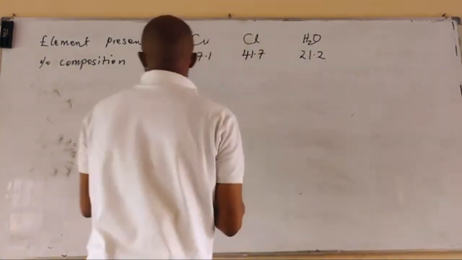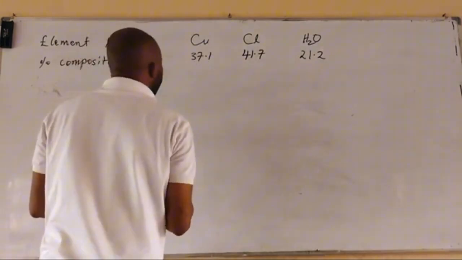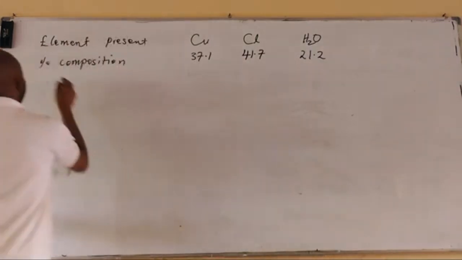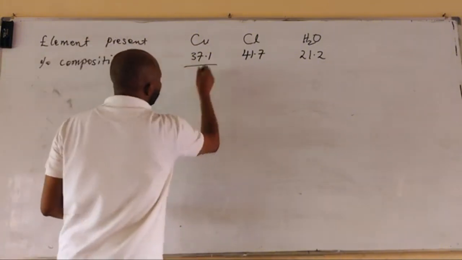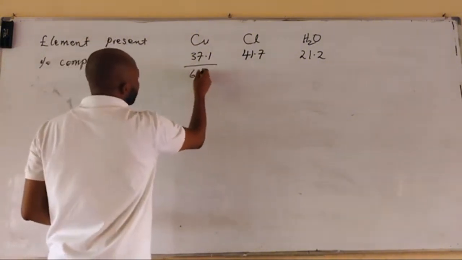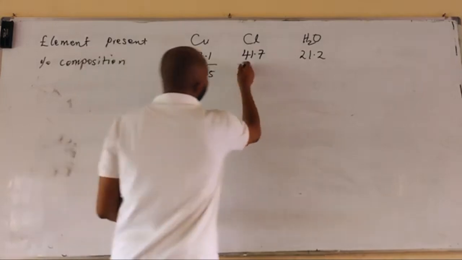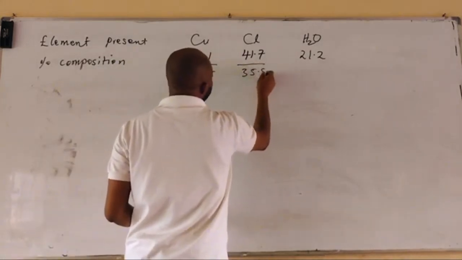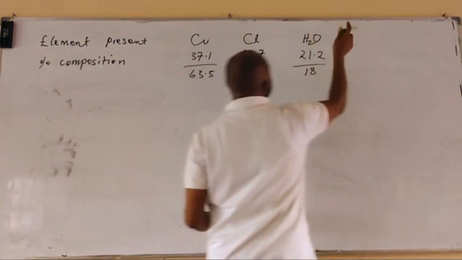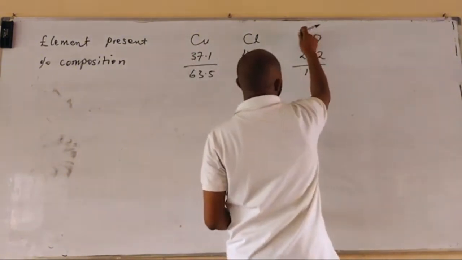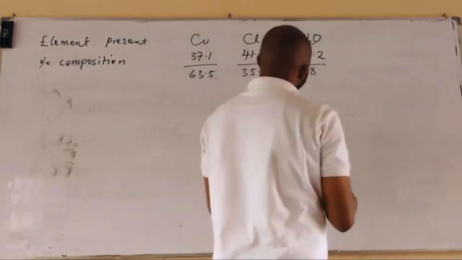So if that is our percentage composition, we divide by the atomic mass. Copper is 63.5, chlorine is 35.5, and water is 18. How is water 18? Oxygen is 16 plus hydrogen 2, so we have 18.